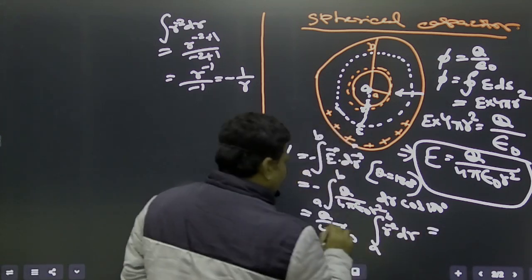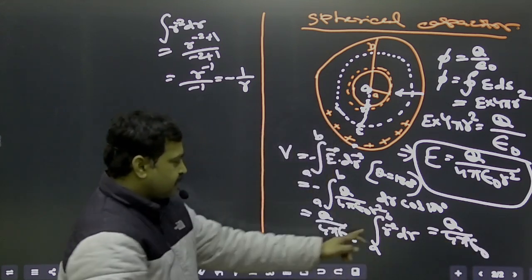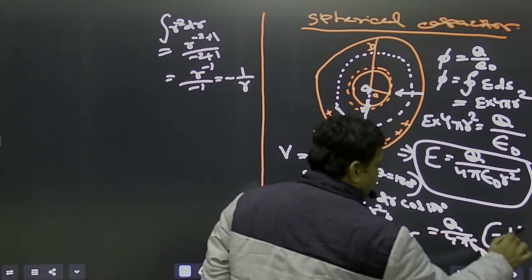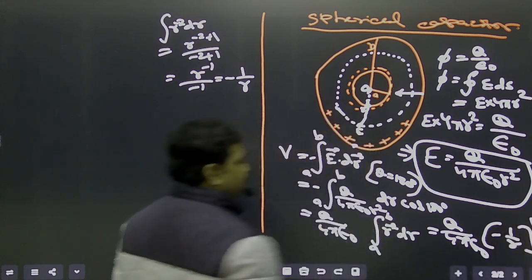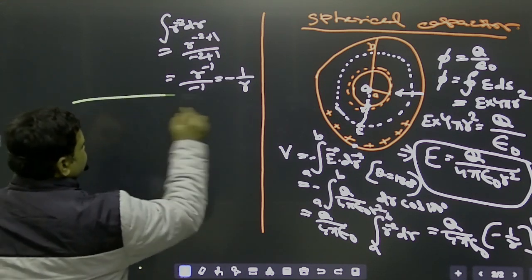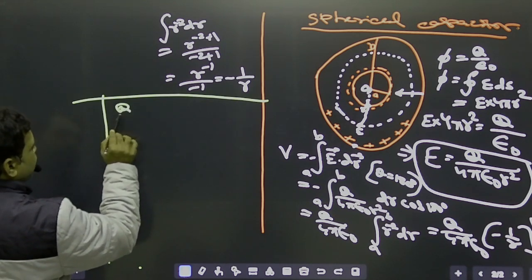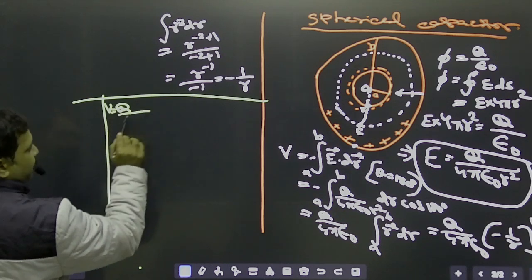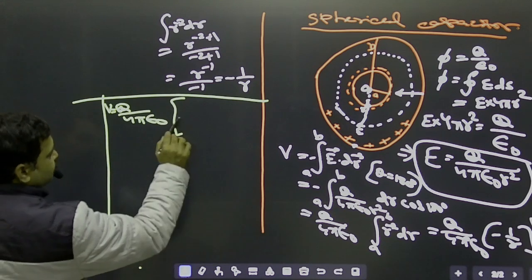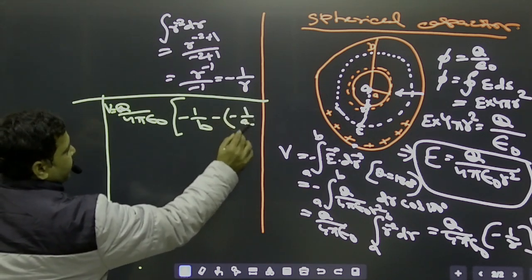After integration, we get q upon 4 pi epsilon naught times minus 1 by r, with limits A to B. After evaluating, V is equal to q upon 4 pi epsilon naught. We put the upper limit first, so minus 1 by b, minus, minus 1 by a for the lower limit.